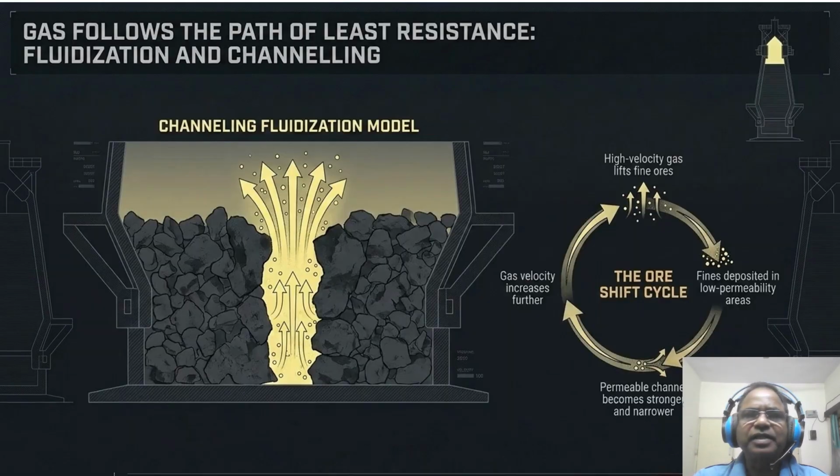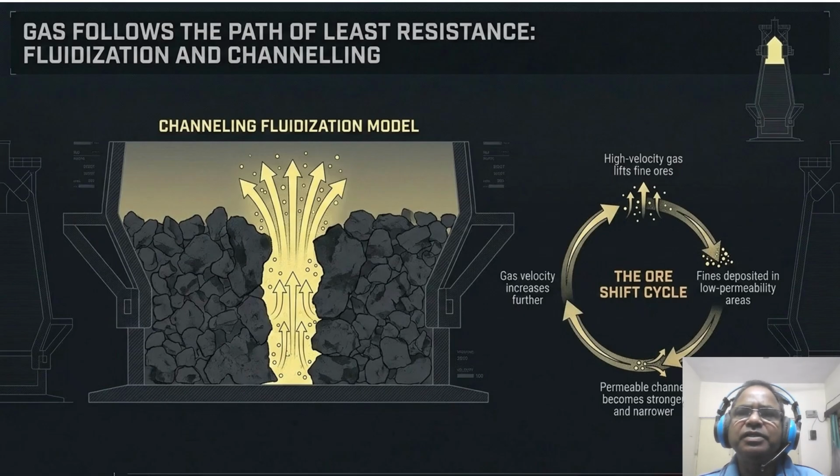Now, in the next slide, observe the channeling fluidization model. On the left of the slide, you see a cross section of the furnace where a central bright yellow plume of gas is violently forcing its way through the center, represented by upward pointing arrows.